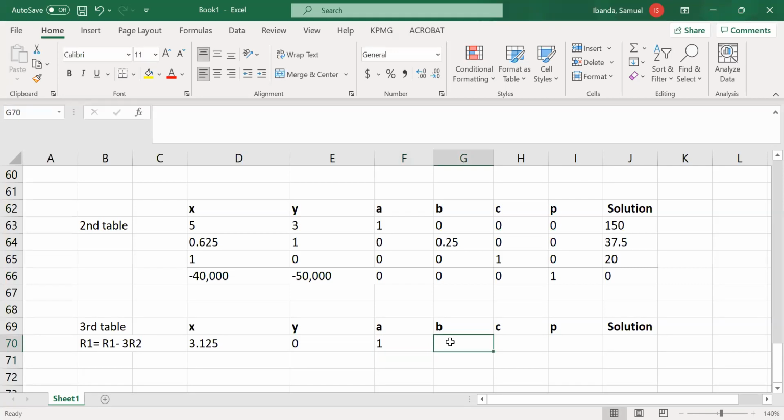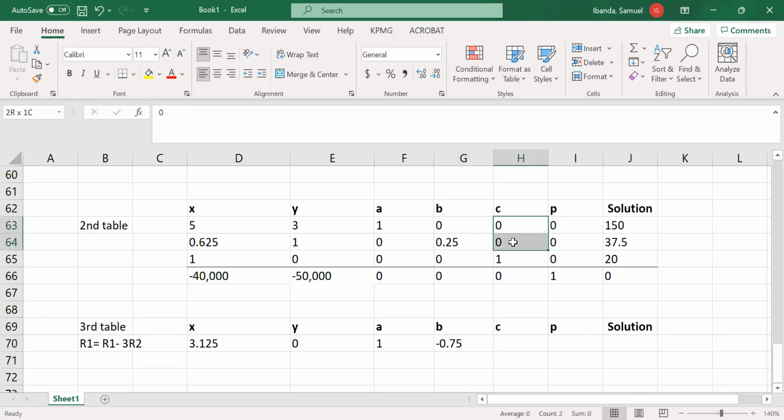Then the next one is 0 minus 3 times 0.25 gives me negative 0.75.